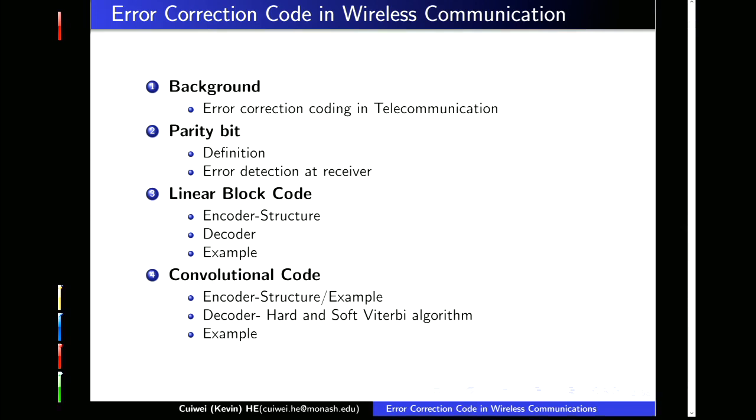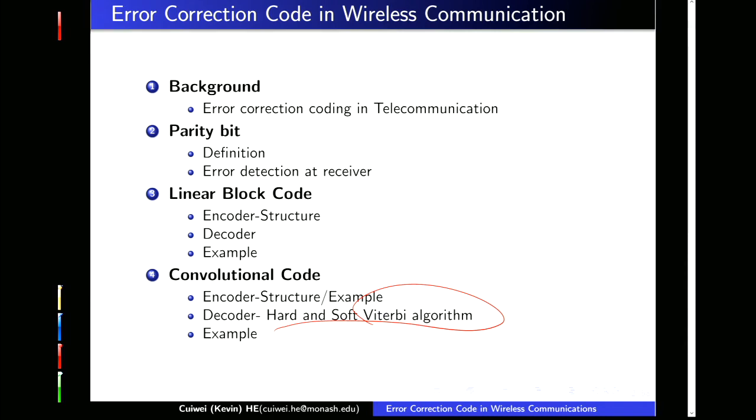The next week is a holiday, so the week after next week, we'll start with convolutional code. For the encoder part, I will use a specific encoder structure to give you the idea of how the convolutional code works. We will also go through step by step how the Viterbi algorithm can be used to efficiently decode the transmitted message.